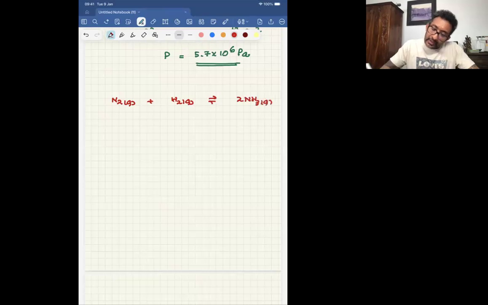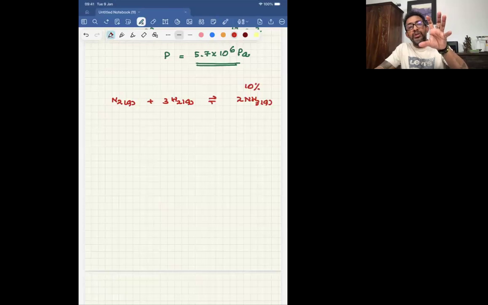So this says it is 10%. 10% means out of all the number of moles, ammonia is 10%. That means molar fraction is 10 divided by 100.